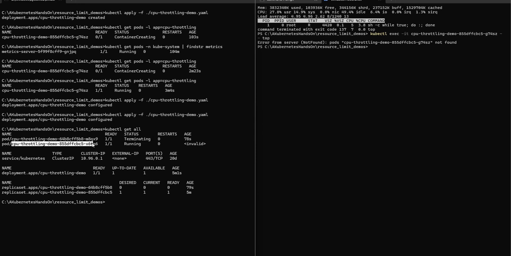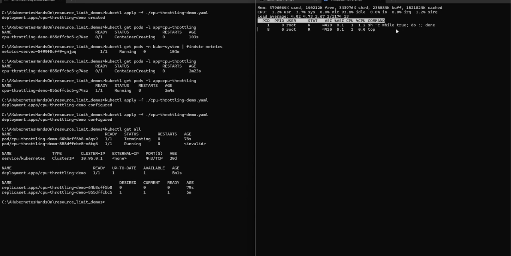I have applied again, let me take the new one and change this pod. Now you see, again it is 1%. So it will be like 1%, 2%, 3%, 4%, not beyond that.